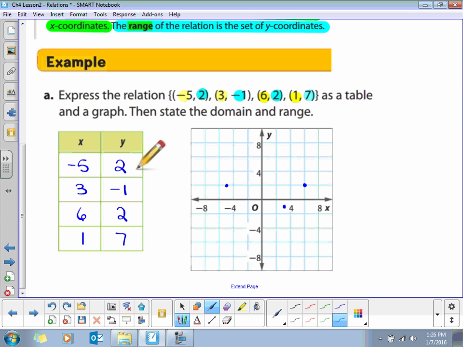And then finally we've got 1 comma 7. So 1 to the right 1 and up 7. So 2, 4, 6, and then halfway is 7. Okay? And of course, again, you guys, if you're counting by ones, it's a little easier. Okay? You would have everything on grid marks.